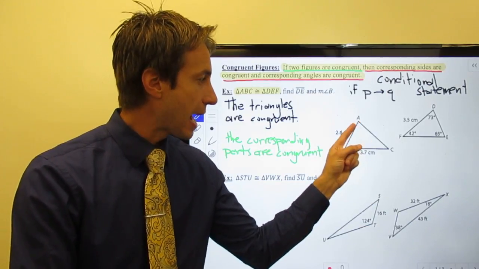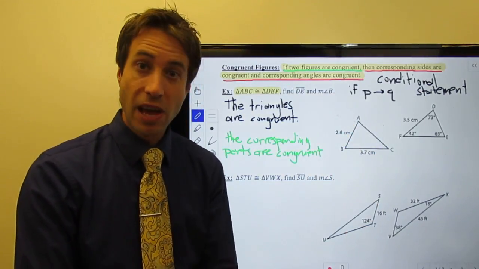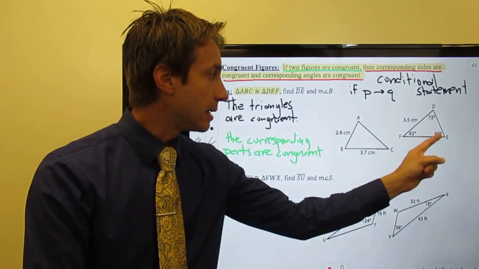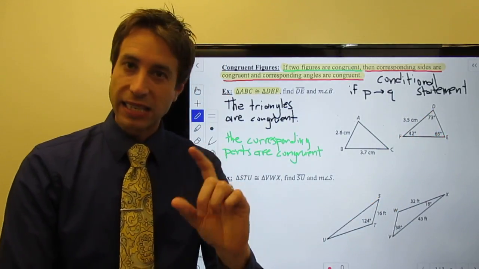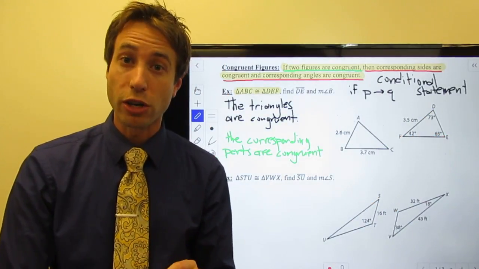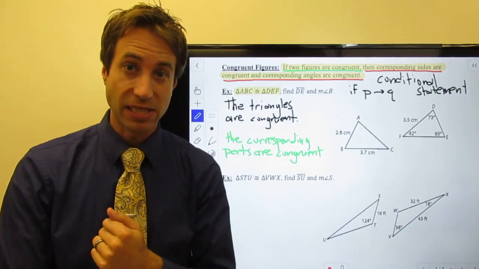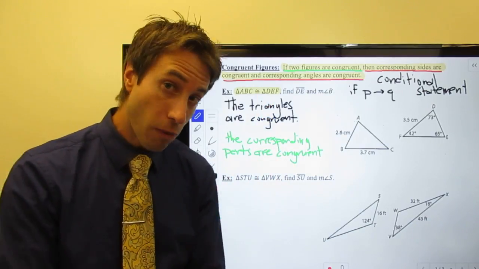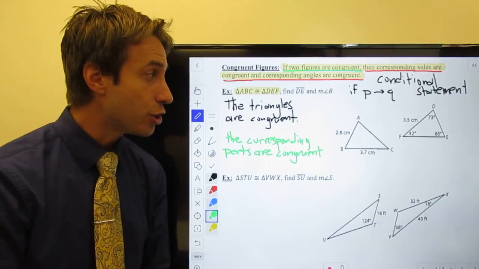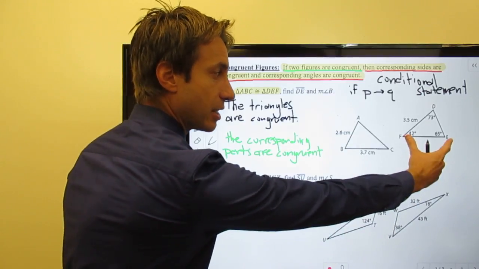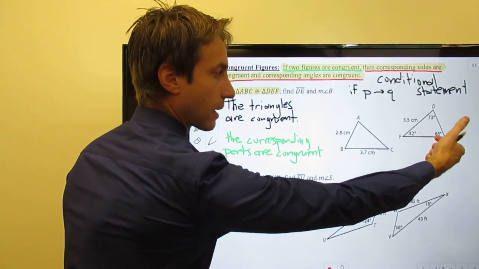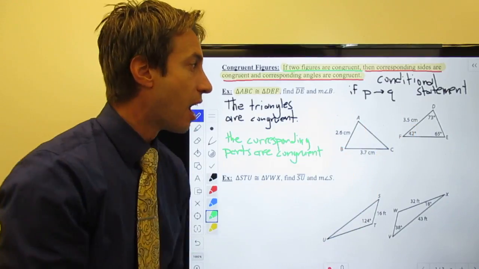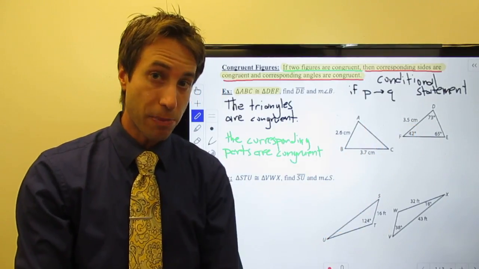So, let's take a look at it. I have triangle ABC. I have triangle DEF. I tell you those two triangles are congruent. Same shape, same size. How does that work? Well, hopefully, just by looking at it, you can see if I took this triangle and just flipped it over, I could lay these two triangles on top of each other.